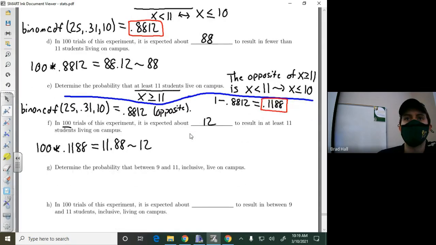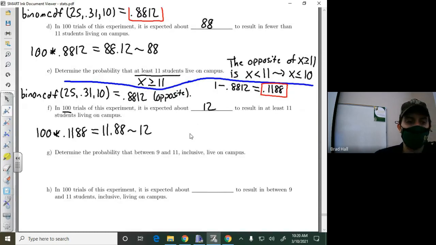Part G also has a little bit of trickiness to it as well. Determine the probability that between 9 and 11 inclusive live on campus. Now, what is that as an inequality? Between 9 and 11.